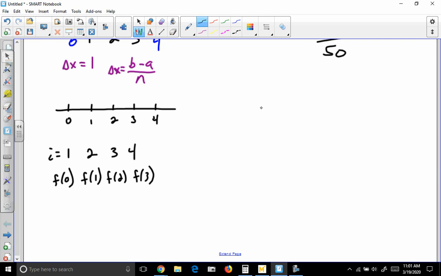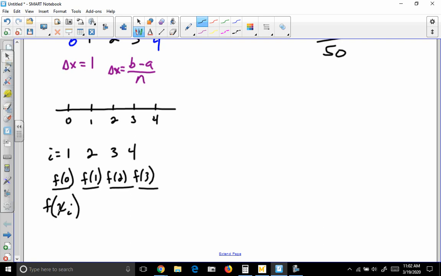So since those x's are changing, we're going to denote those x's as x sub I. So we're going to evaluate our function at each of those x's. Our rectangle is our function value. These are our lengths.